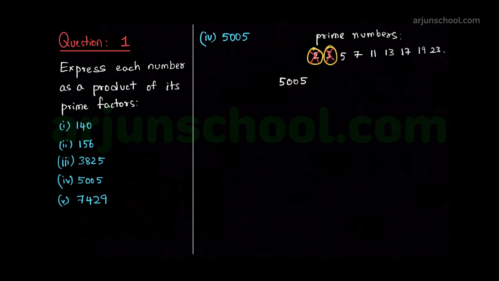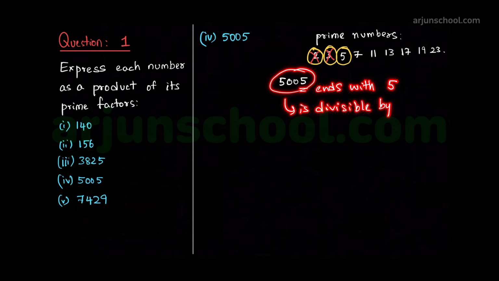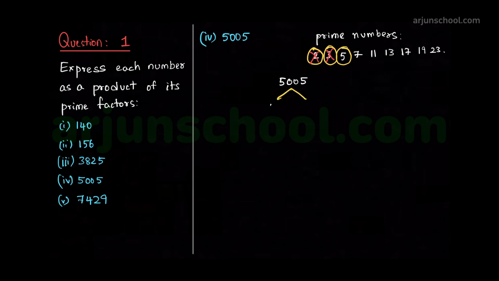Next prime number is 5. Let us check the divisibility of 5005 by 5. Since 5005 ends with 5, it is divisible by 5. Divide 5005 by 5, which is equal to 1001. Now we have 1001.